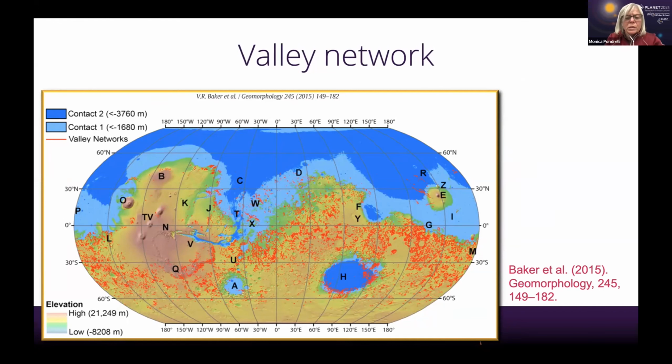This is still a matter of discussion. The two shorelines which have been proposed are this one, with two different shades of blue, and I must say that they fit pretty well with the distribution of the valley networks.